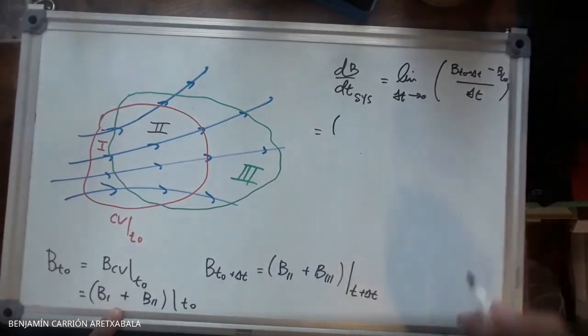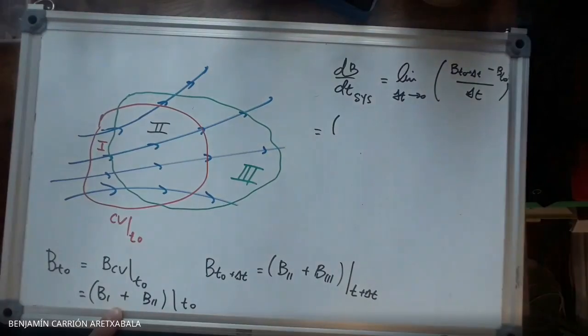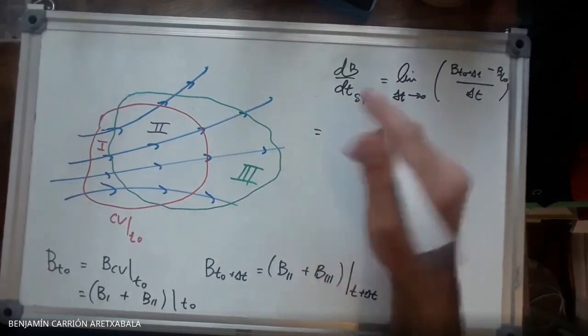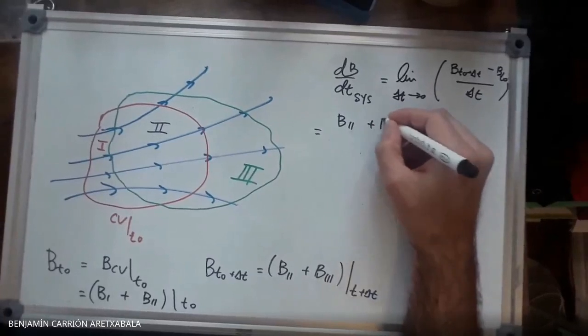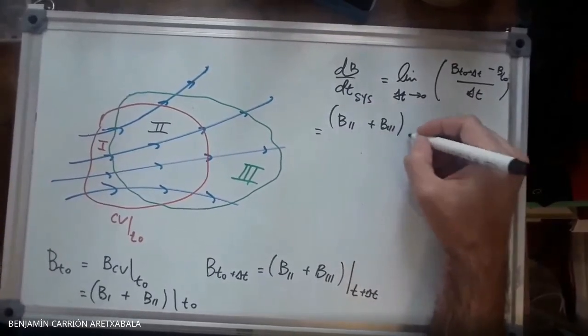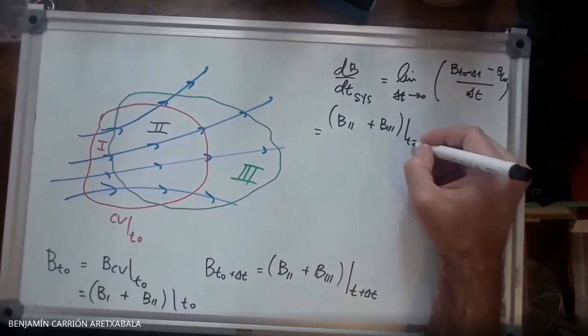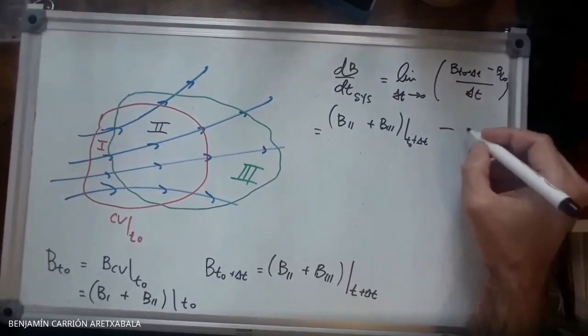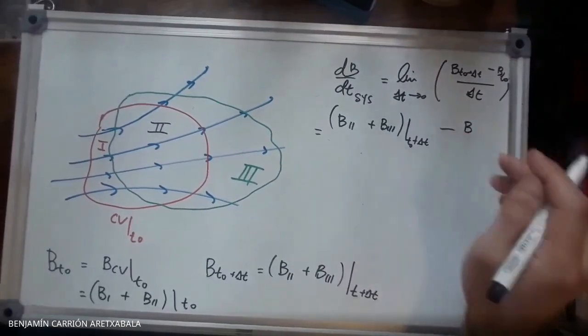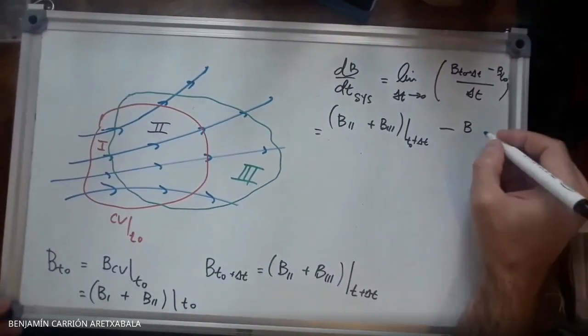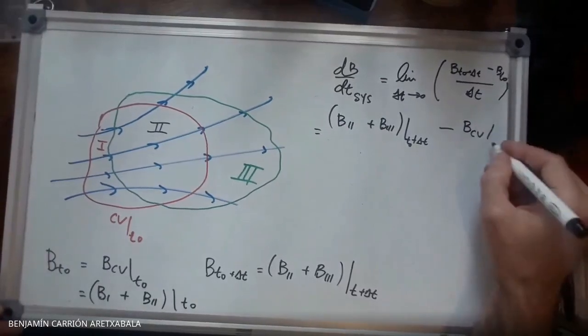So, okay. So this by definition is just B at 2 plus B at 3 at t0 plus delta t, minus, let's just call it CV at t0.